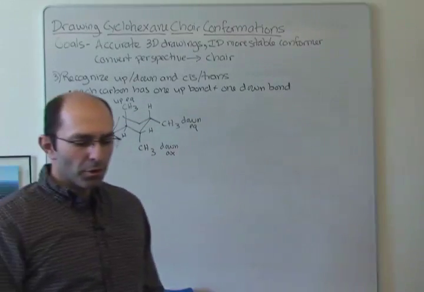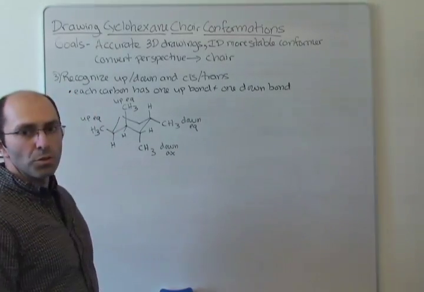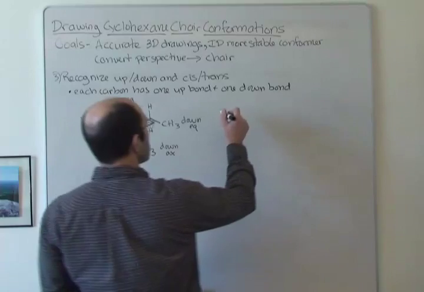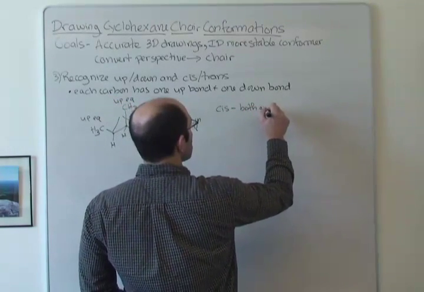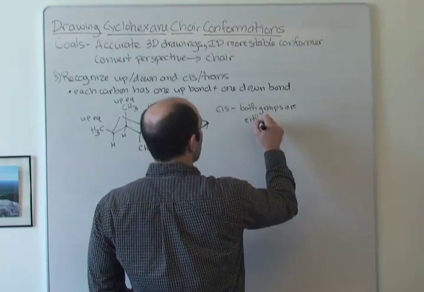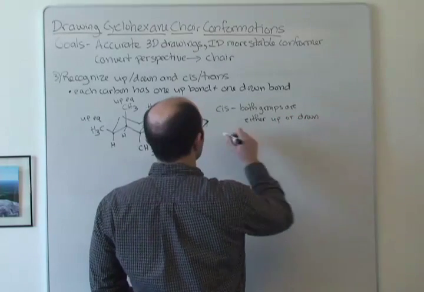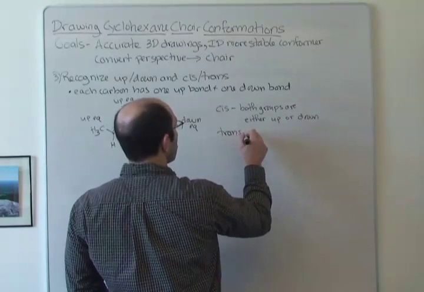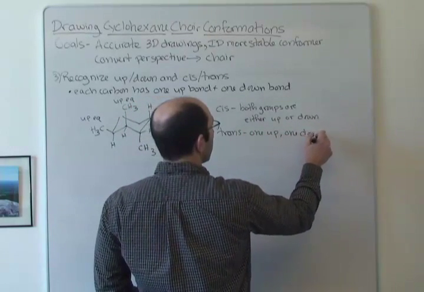The other thing that's important here is that we should be able to use this to label cis and trans. Cis, both groups are either up or down. Trans, one is up, one is down.